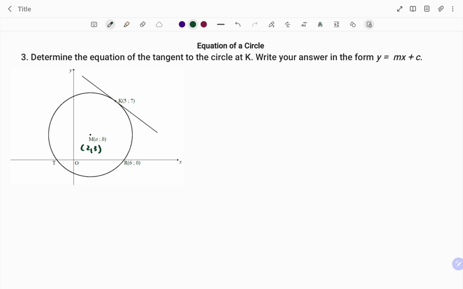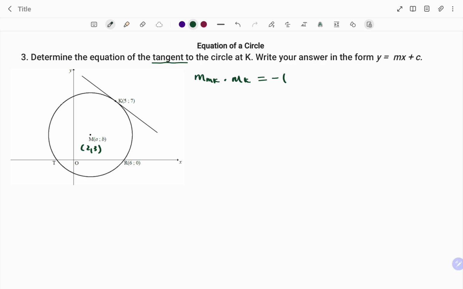I'm going to start by finding the gradient of the line that has point K on it. Note that it is said to be the tangent to the circle, so it's going to form 90 degrees with the radius from the center of the circle. So what that means is the gradient of the line MK multiplied by the gradient of the line that has point K will give us negative 1. If two lines are perpendicular, the multiplication of their gradients will give us negative 1.